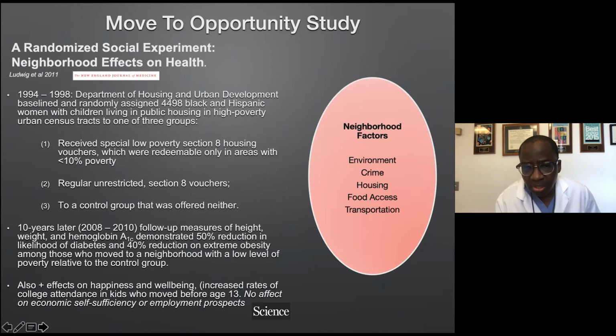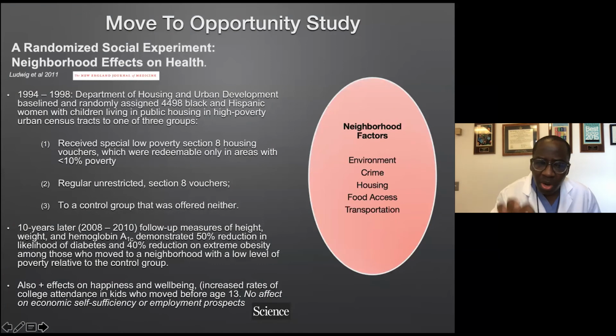And also, interestingly, increased college attendance in kids who moved before the age of 13. We know that our public schools are funded through local taxes, and simply moving these families from a poor neighborhood to a richer neighborhood within the same public housing system, more of the kids were likely to attend college when they moved before age 13.